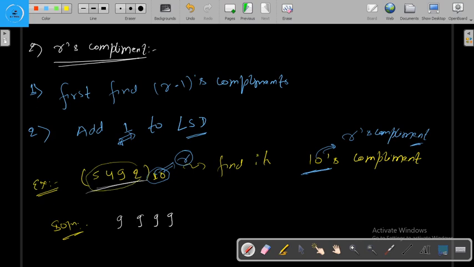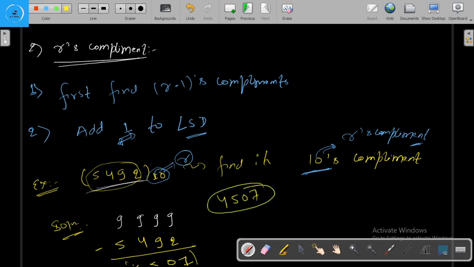This number 5 4 9 2, then 9 minus 2 is 7, giving 4 5 0 7, sorry, 4 5 0 7 read properly as 4 5 0 7. This is our 9's complement.